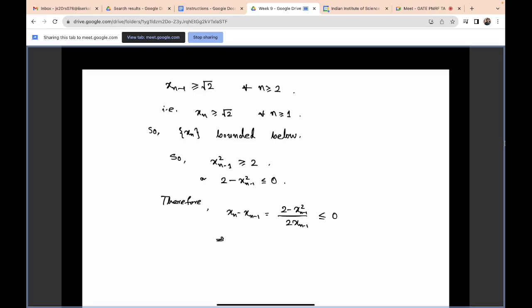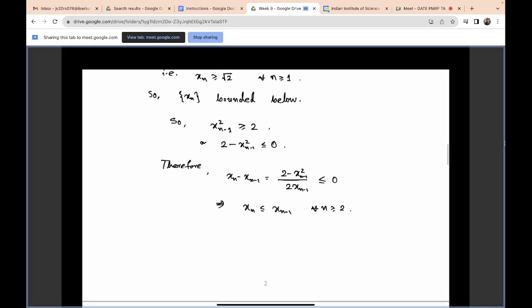Which implies x_n is less than x_{n-1} for all n greater than 1 or 2, whatever, it's fine. So x_n is a monotonically decreasing sequence.